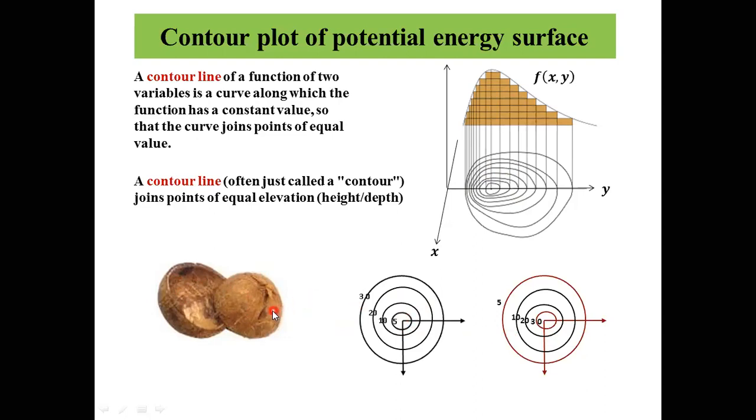If I don't put these numbers, both look exactly similar. We really cannot understand which is which, right? It's like concentric circles. Now, if I assign the values, then we should be able to say which one is which coconut shell.